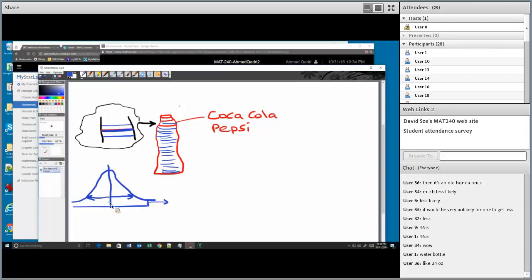But it actually follows a normal distribution, and that's pretty cool because if you know that, then you can do all sorts of calculations. You can take a machine that fills a water bottle, and when you're testing the machine, you can ask what is the probability that the fill level is, say, 3 standard deviations away from the mean.